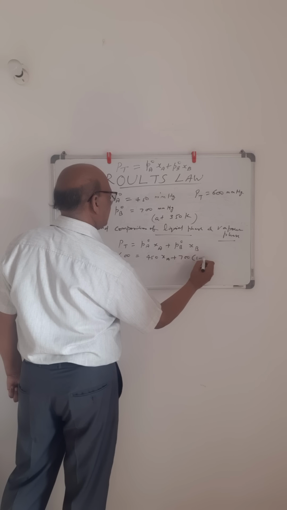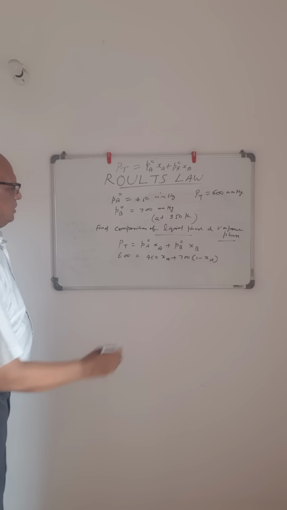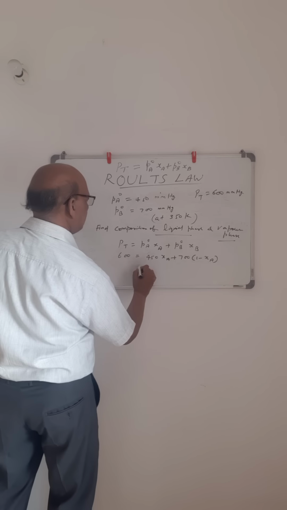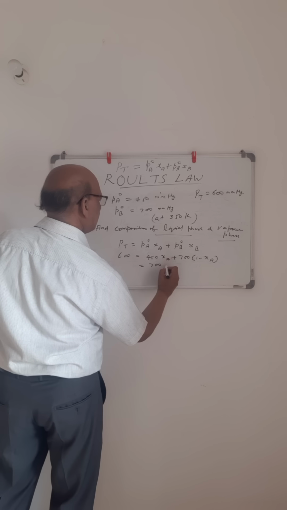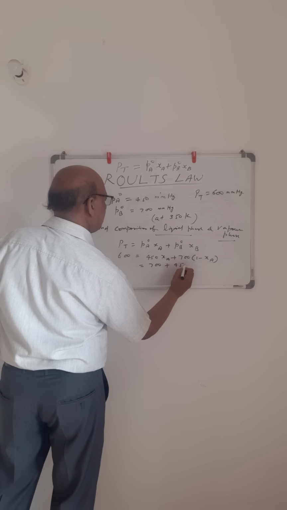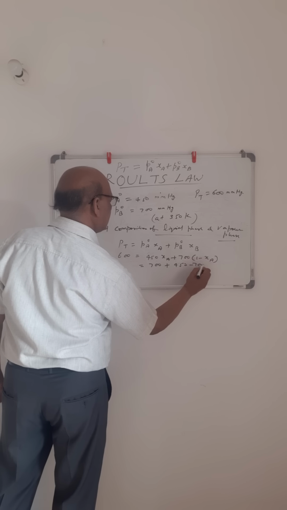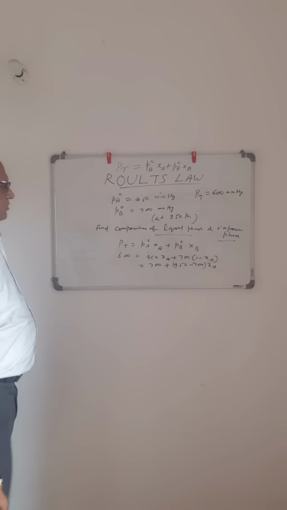In place of XB I will write 1 minus XA. So this will become 700 plus 450 minus 700 into XA.